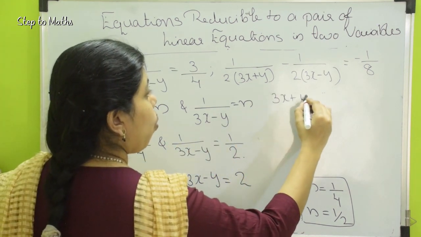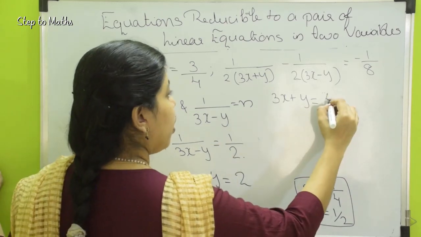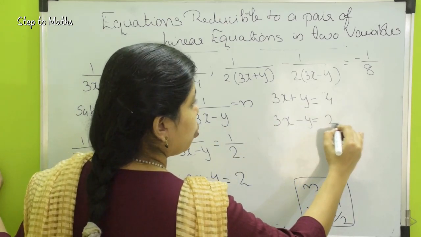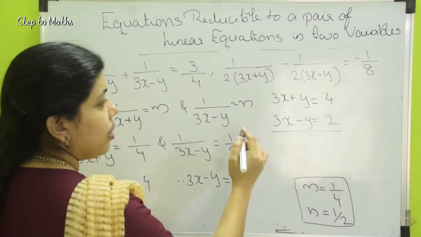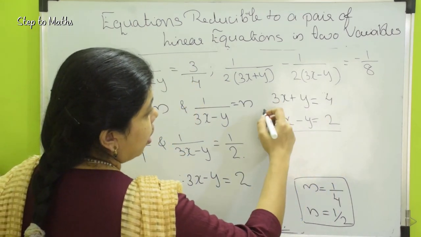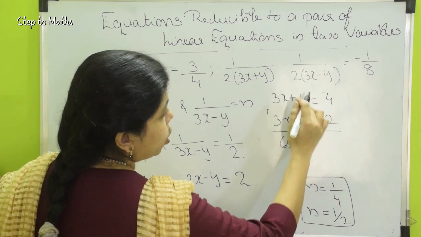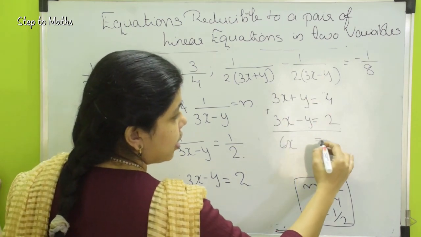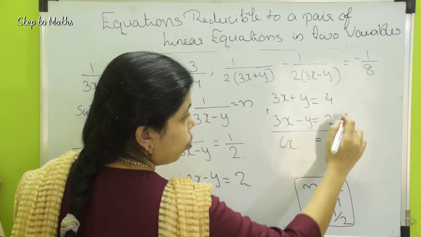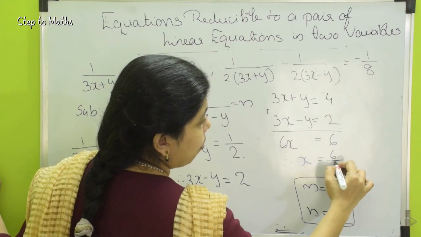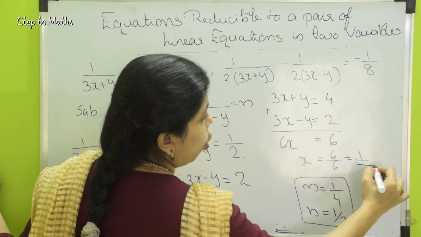3x plus y equal to 4, and 3x minus y is equal to 2. If we add these two equations, what will we get? 3x plus 3x is 6x, plus y minus y gets cancelled, is equal to 4 plus 2, which is 6. Therefore, x is equal to 6 upon 6, which is 1.